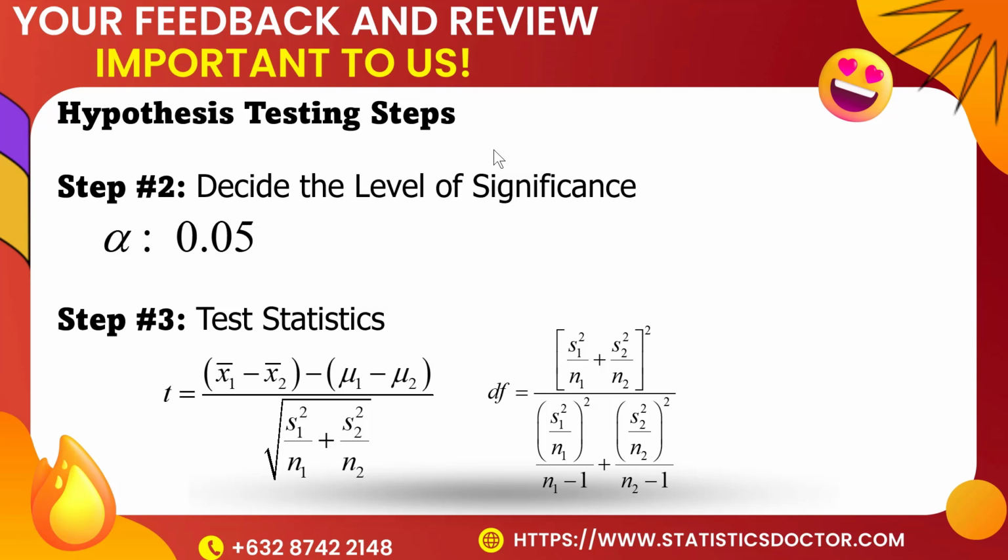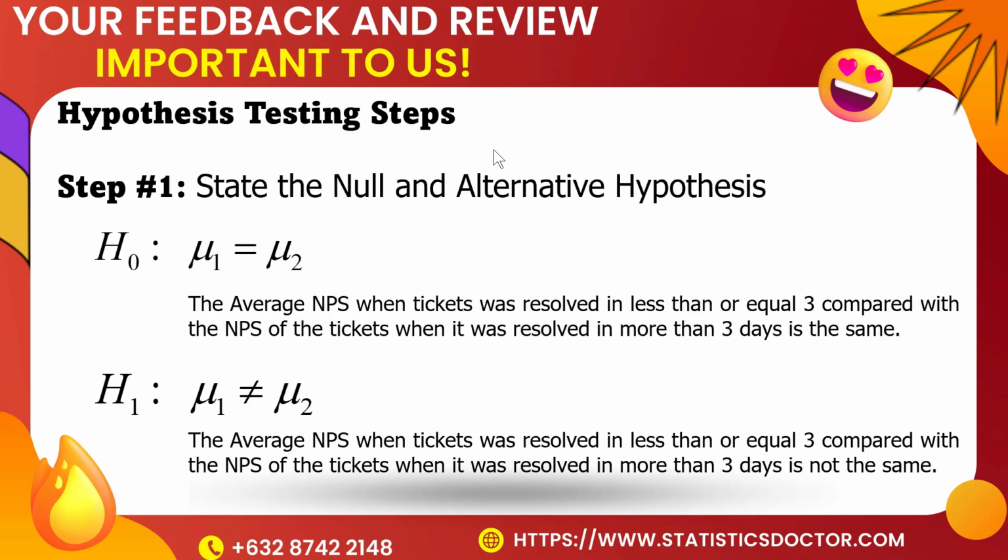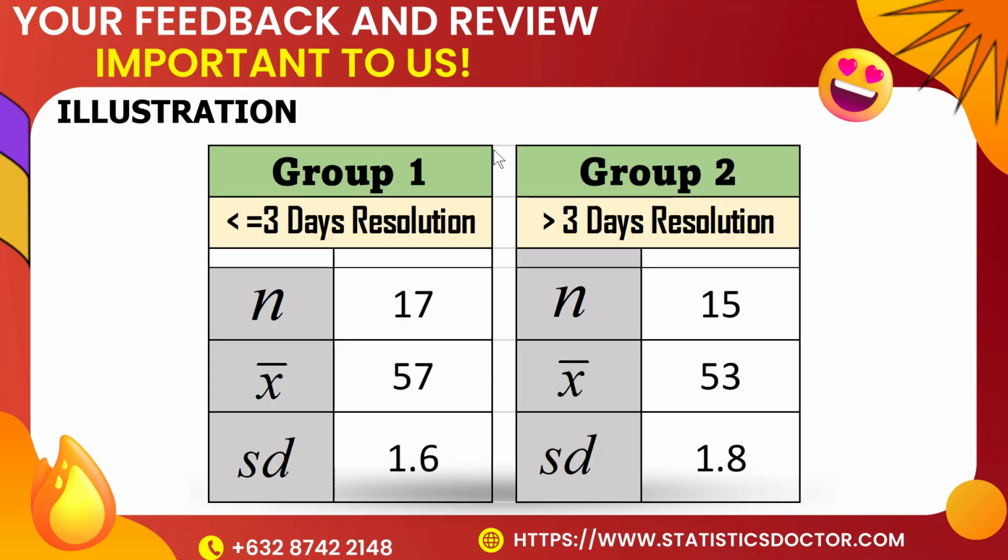This is one of the first guidelines: when to use a t-test and when to use a z-test. Go back to our data. N1 is 17 and N2 is 15, so it was less than 30.